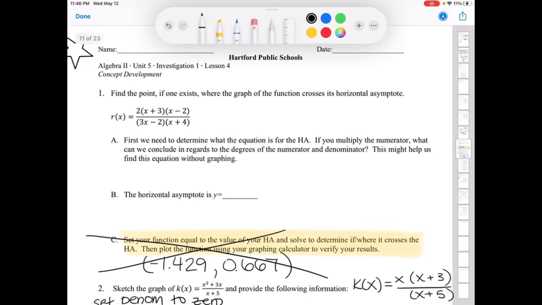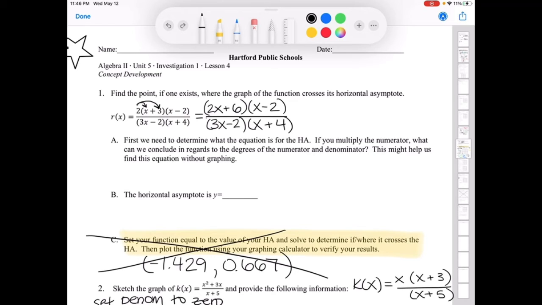But before we do that, let's just do a little bit of algebra. If I distribute these factors, I have 2 times x plus 3. I'm distributing that 2 in first. I'm going to get 2x plus 6, and then I have to multiply that expression by the x minus 2 expression on the numerator.